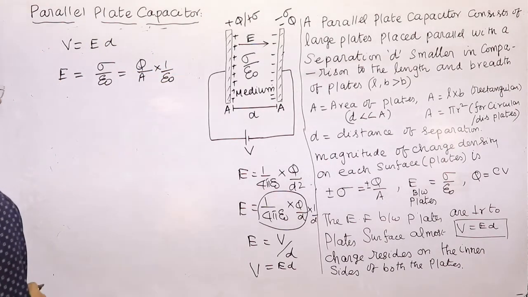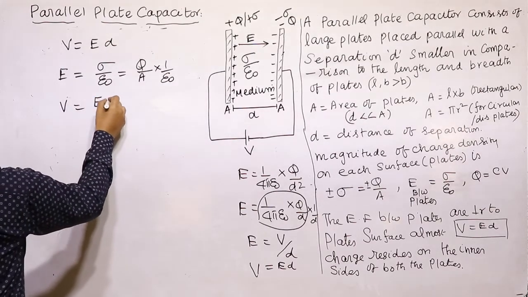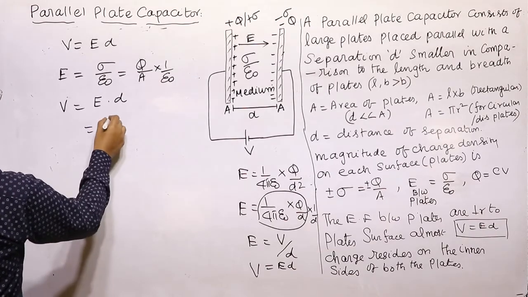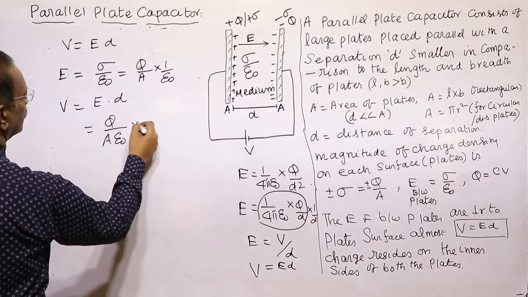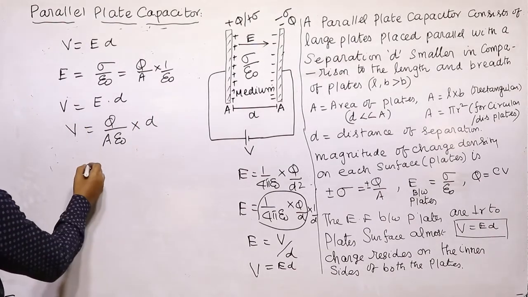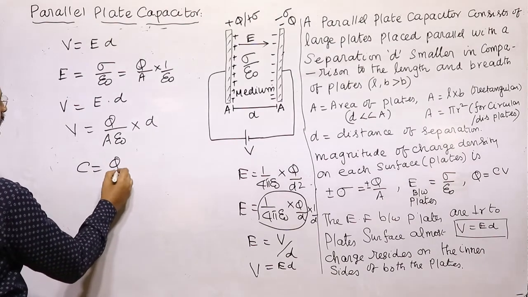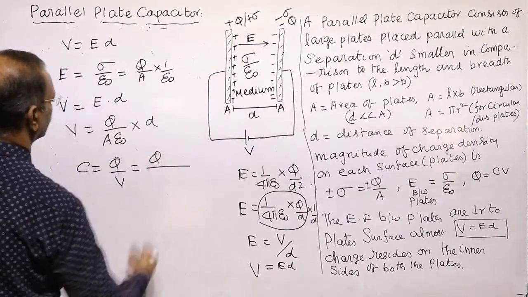This is the electric field. And what is potential? Potential is equal to E into d, that is Q d by A epsilon naught. As per the definition, capacitance is equal to charge by voltage, where charge means positive charge.